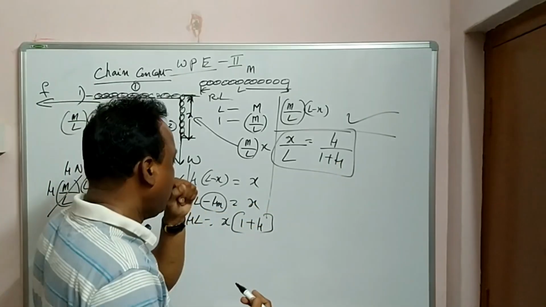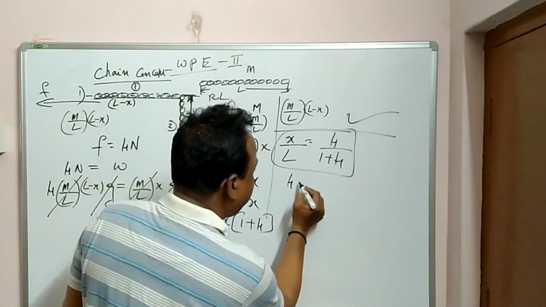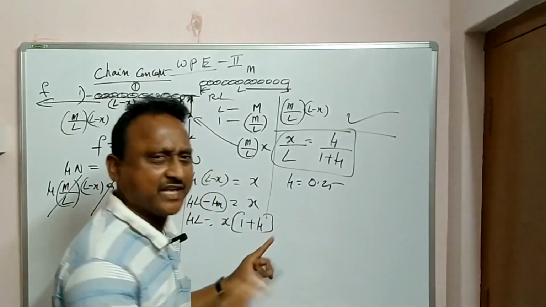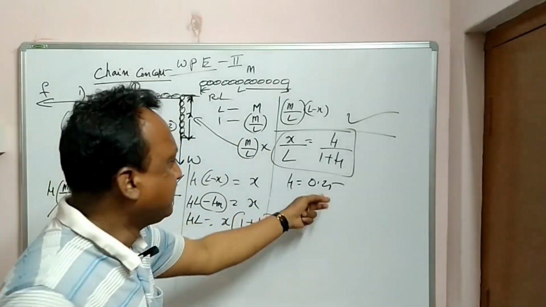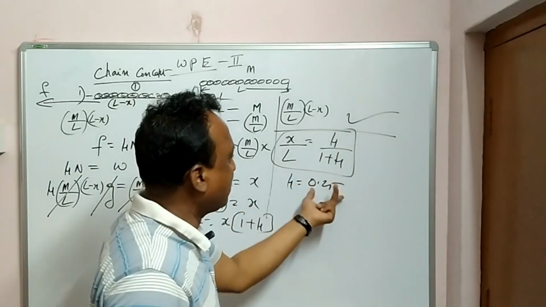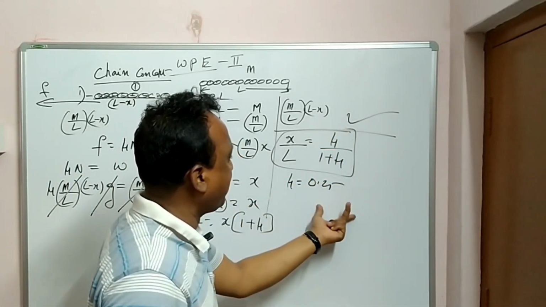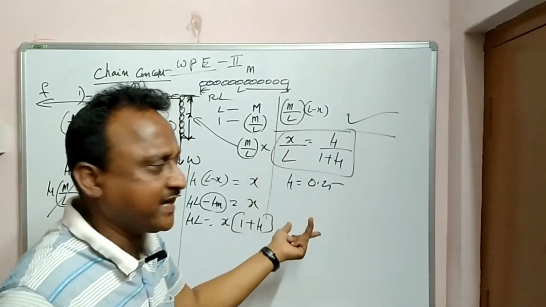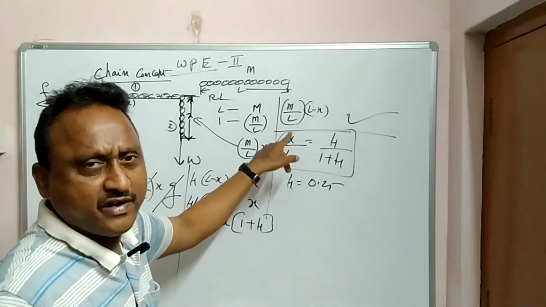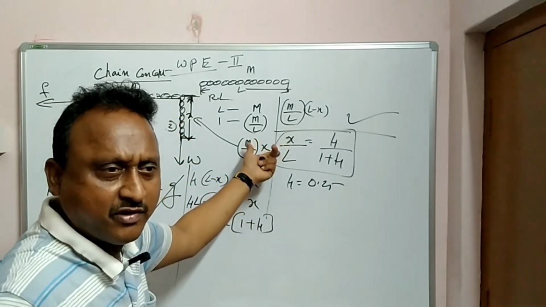For example, suppose mu is given as 0.25. Substitute this value here: 0.25 by 1 plus 0.25. Suppose X is also given, some part is hanging, like 1/4, or some percentage like 25% is hanging.